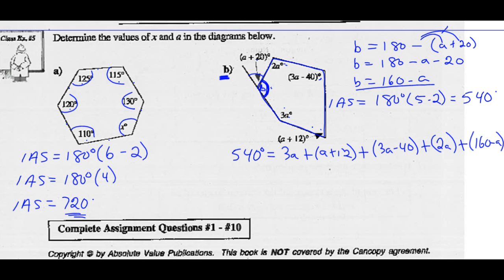All right, so I can now solve that equation for A. So let's add up all these things. 3A plus 1A is 4A, plus 3 more is 7, plus 2 more is 9, minus 1 gives me 8 A's. And then I've got 12 minus 40 is a negative 28, plus 160 is a positive 132.